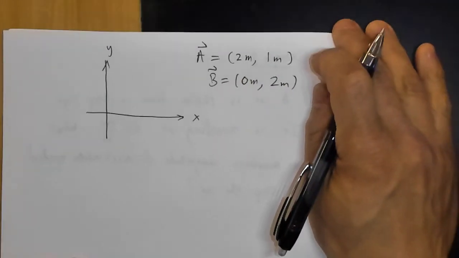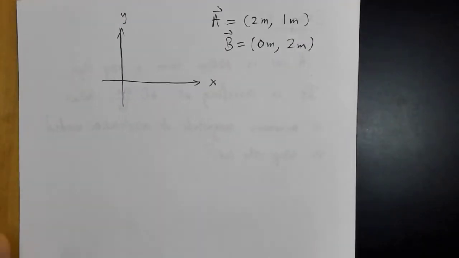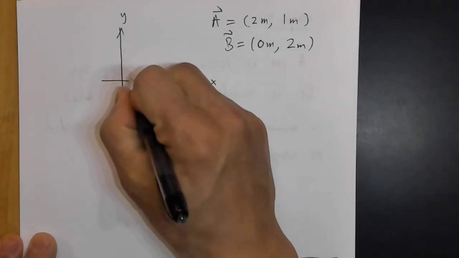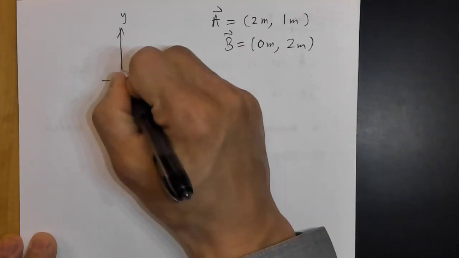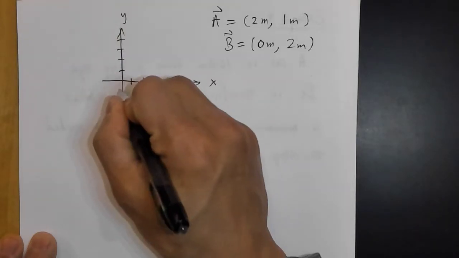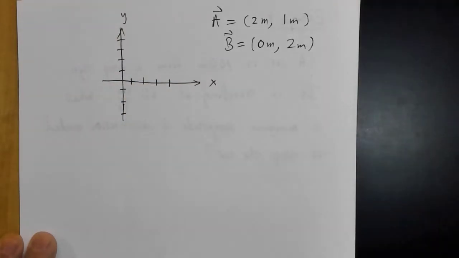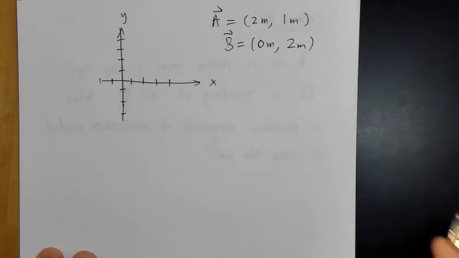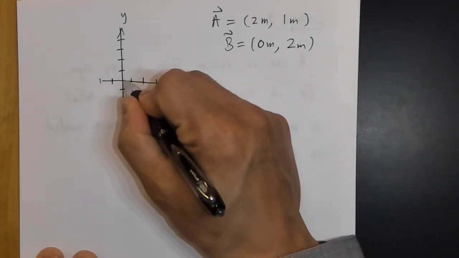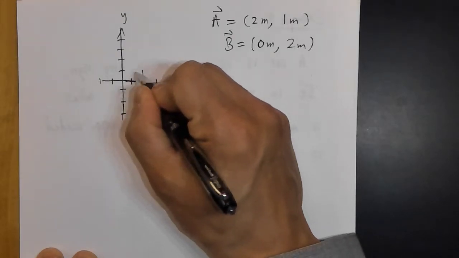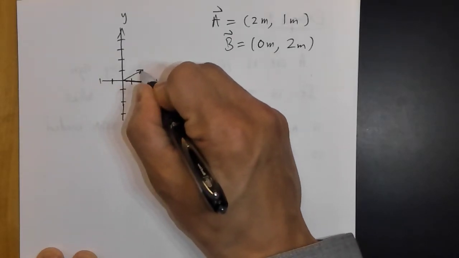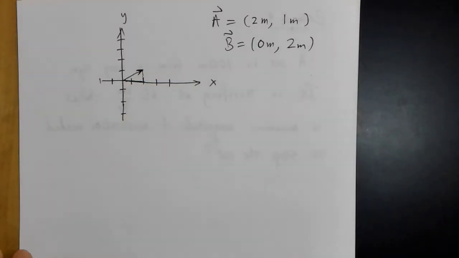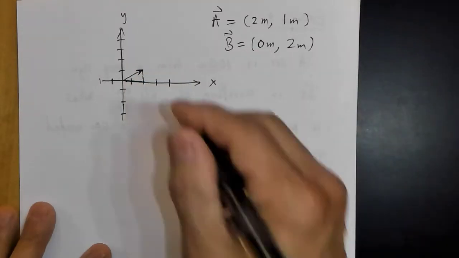Okay, put some more axes over here as well. So A is 2. I go 2 in the x direction, 1 in the y direction. So A looks like this. Sorry, it's a bit small. Okay, so that's my A.